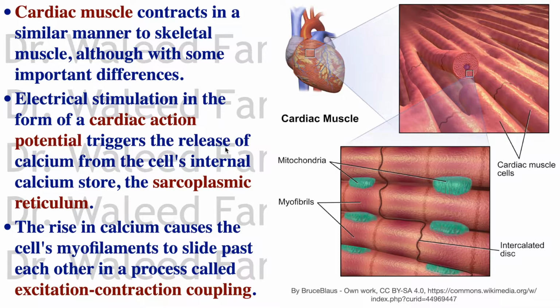The rise of the calcium causes the myofilaments, which are the actin and myosin of the cardiac muscle, to slide on each other, and this is called the excitation contraction coupling.